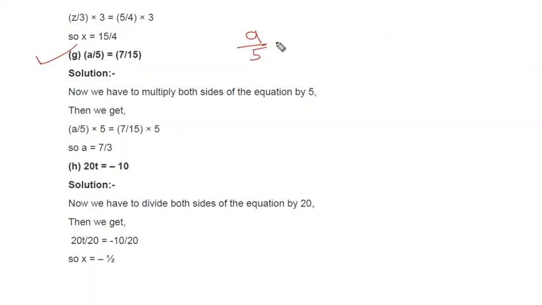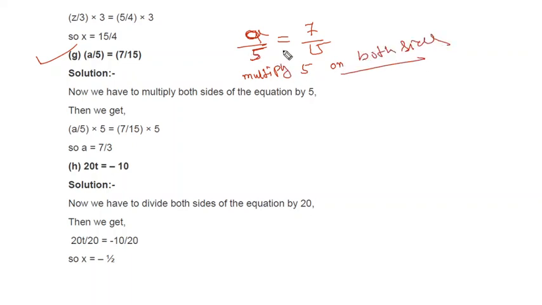A by 5 equal to 7 by 15, okay. So here the first step will be, we have to cancel this 5, so now multiply by 5 on both sides.